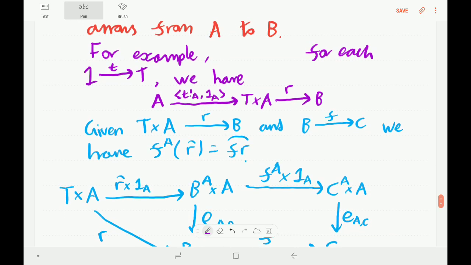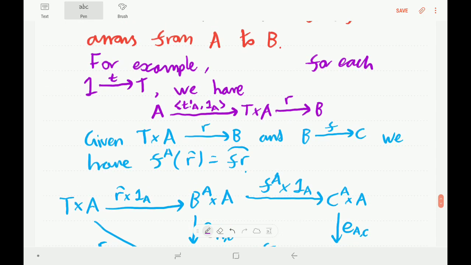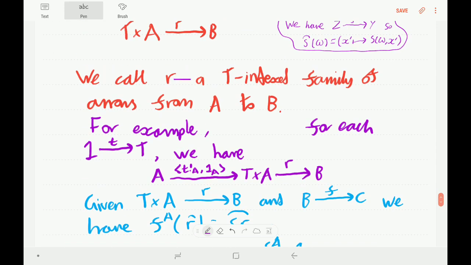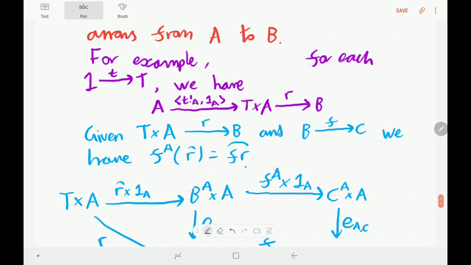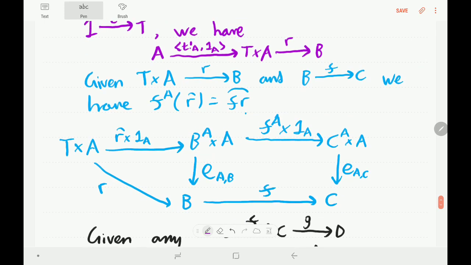But yeah, let's now go through this argument again about how f to the power of A works more generally. So I've just been talking about what it does on these names of arrows, but we can think about what it does on these sort of T-indexed family of arrows. I've actually already gone through this, but it's not going to hurt to go through it again.